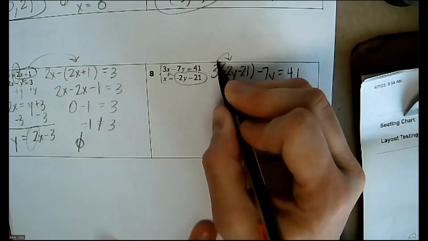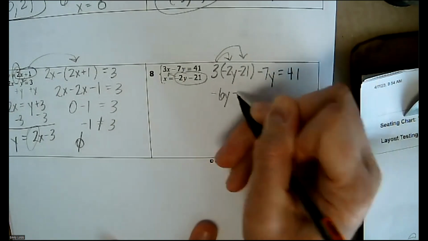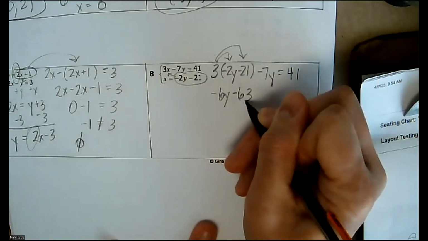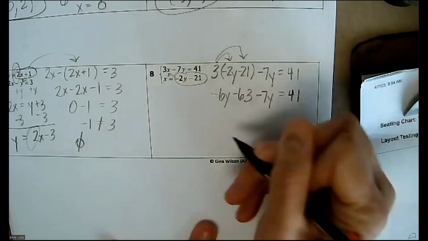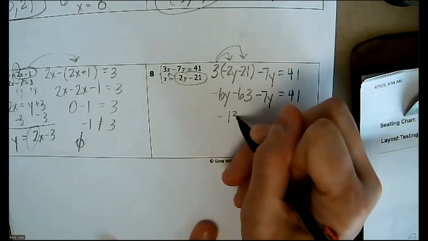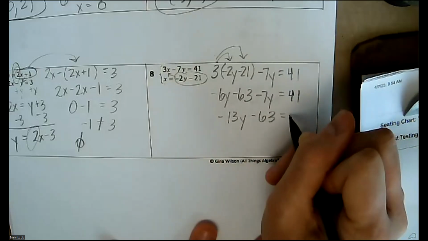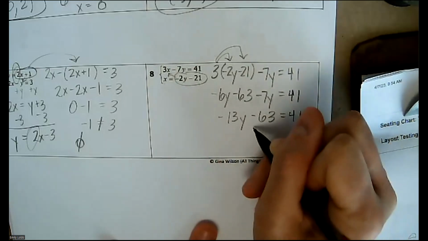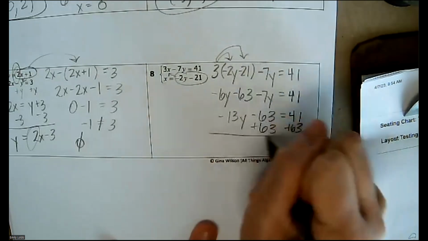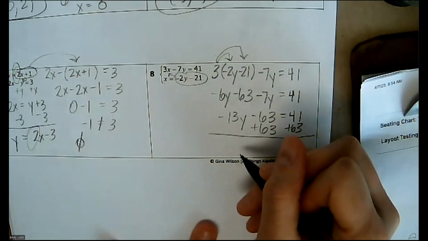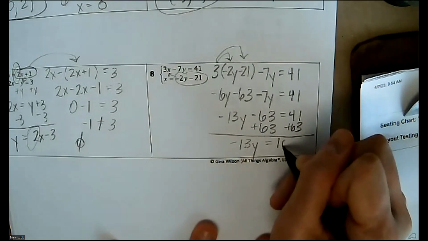We have to distribute negative 6y minus 63 minus 7y equals 41. That's pretty ugly, right? So negative 13y minus 63 is equal to 41. Add 63. Negative 13y is equal to 104.